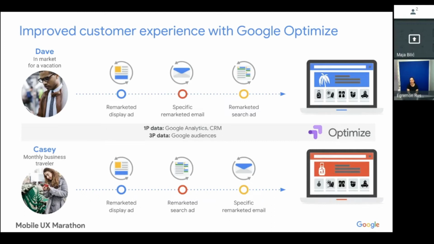But Casey, monthly business traveler, sees also display ad, search ad, and she gets a remarketed email, but she lands on a completely different landing page because she's a business traveler. With Google Optimize, all of that is possible. And if we think about how our users do conversions and purchases, the probability for them to convert is higher if they will see a personalized ad.